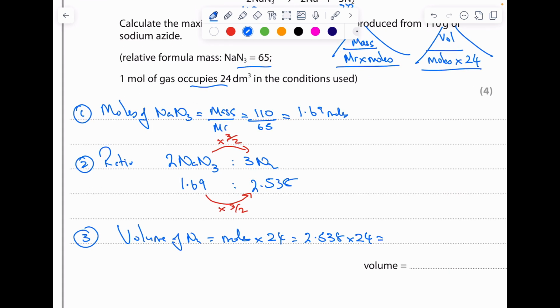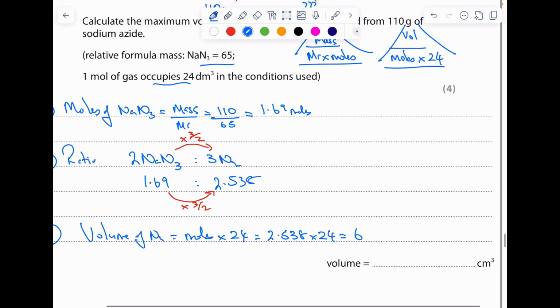So let's just do that. Times that by 24. And that's given me an answer of 60.9. And that would be in decimeters cubed.